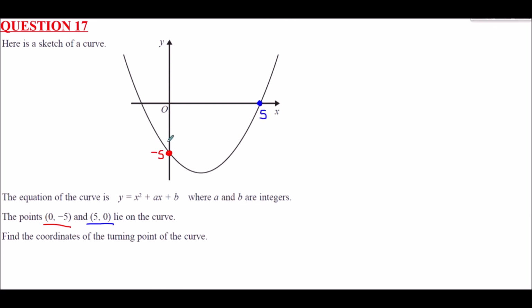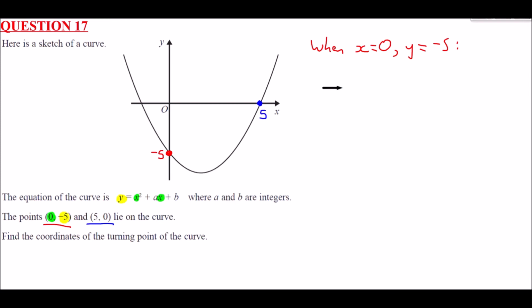So find the coordinates of a turning point. So we can use this one here and substitute it into this equation. So when x is 0, y is -5. So let's sub this into here. So we've got y being -5, and in this case x is 0. So let's see what this gives us.